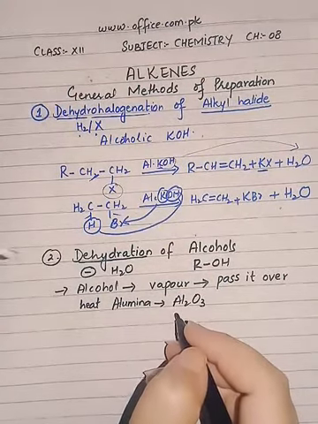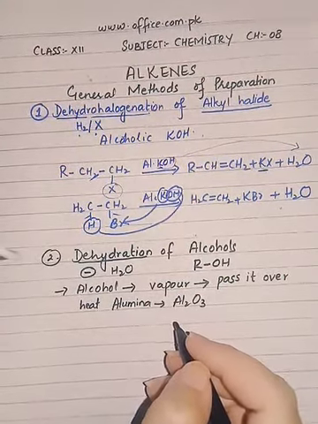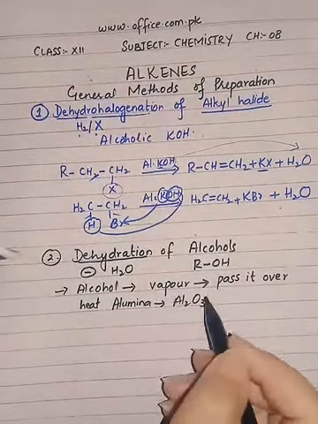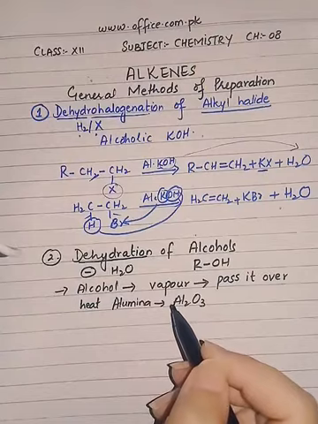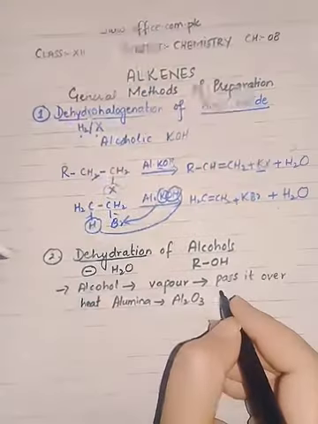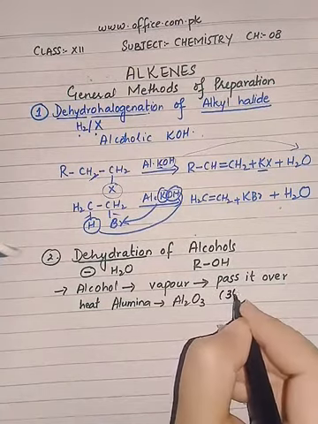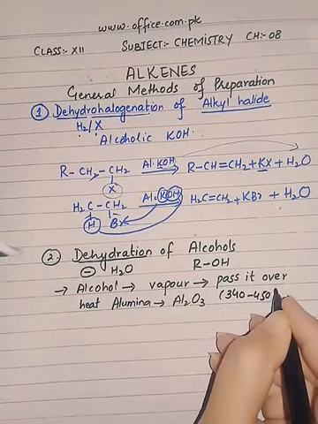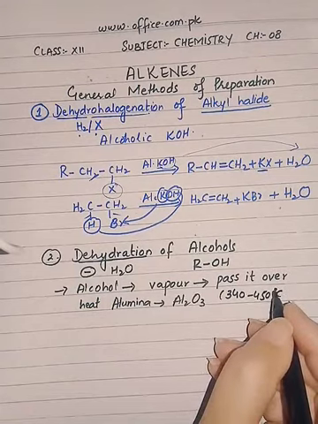So this aluminium oxide will act as a catalyst, and we will pass the vapors of alcohol over this aluminium oxide. The temperature which is required is almost 340 to 450 degree centigrade.